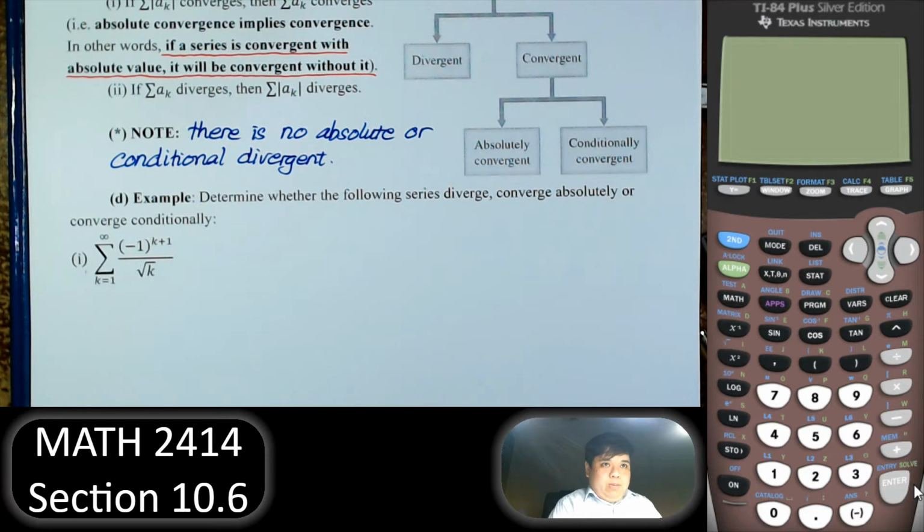Right. So once again, throw in absolute values. If it is convergent with absolute values, it will be convergent without it.